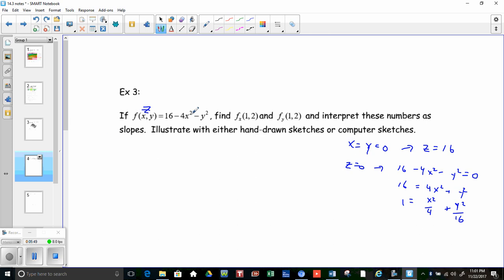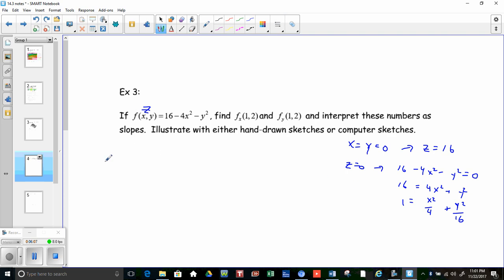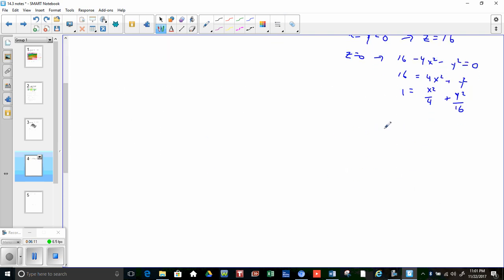And you probably could have told by looking at this thing, z equals 16 minus 4x squared minus y squared, 2 squareds, 1 non-squared, what you have is an elliptic paraboloid. So let's go ahead and take a look at a sketch of what that would look like. So an elliptic paraboloid.